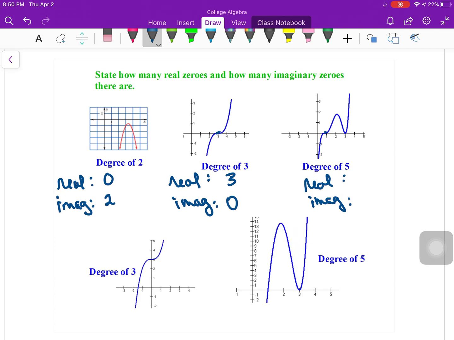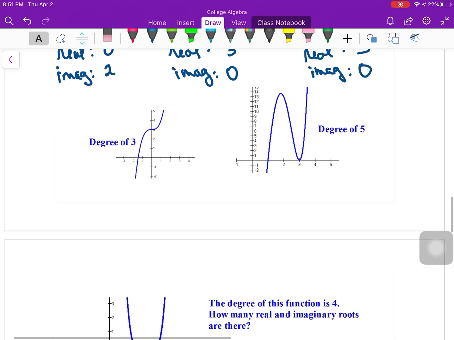This is a degree of 5. Right here, I have a root at 1, but it's a triple root, so that's 3 reals. And I have a double root here at 3, so that's 2 more, so that's 5 reals. So none are imaginary. And then this one, I have 1 real root.